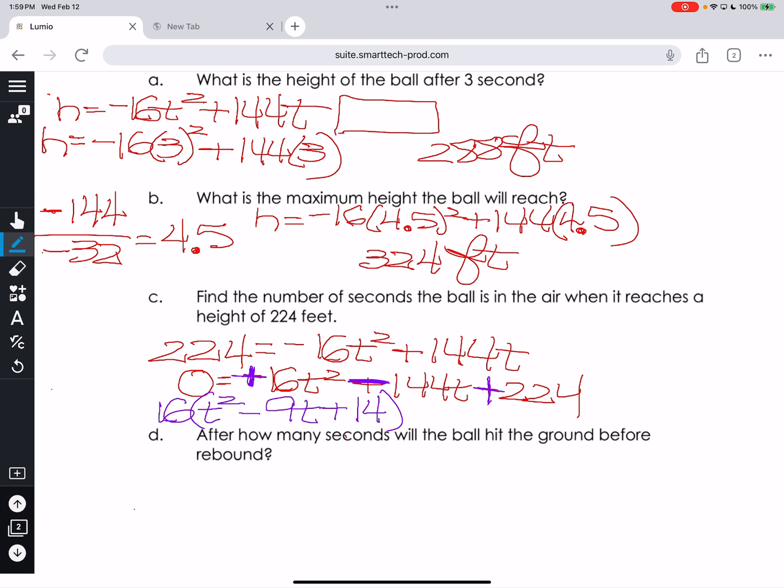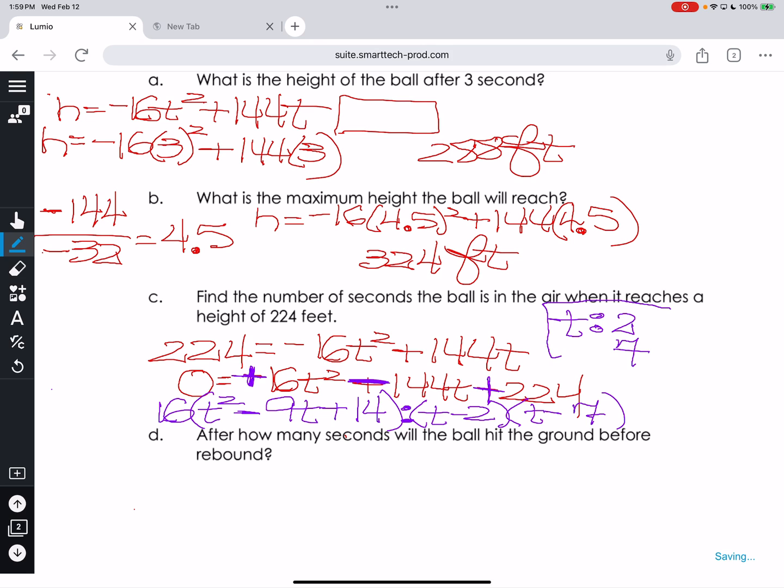Negative, because we have negative 9t. So t minus 2, t minus 7. But then we need to solve those. So what does t equal? Positive 7 and positive 2.